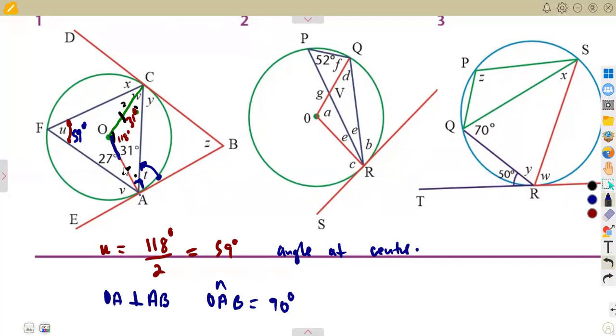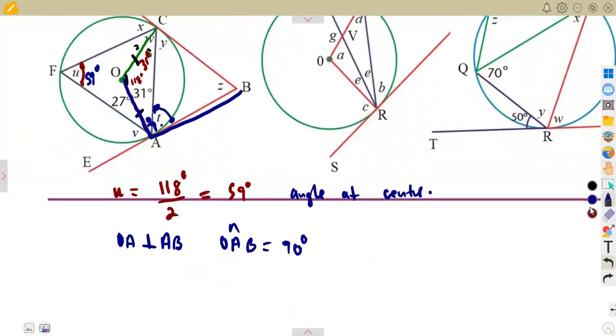If angle OAB is 90 degrees, I can calculate the angle T, because this one is 31 degrees, the angle at A. So angle T is going to be 90 degrees minus 31 degrees. If we subtract this, we get the same answer of 59 degrees.